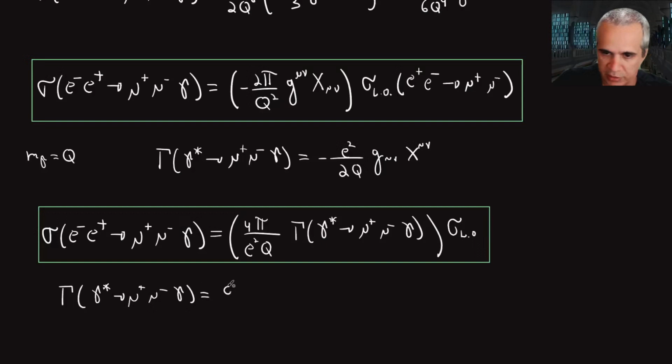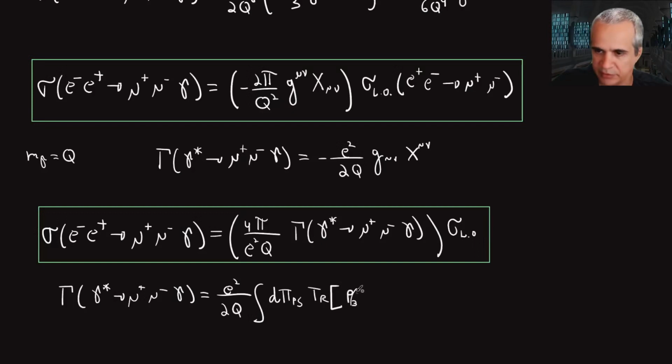This is just e squared over 2Q times the phase space integration. I'm just substituting G mu nu X mu nu here: the trace of P3 slash S mu alpha P4 slash S alpha mu, right?